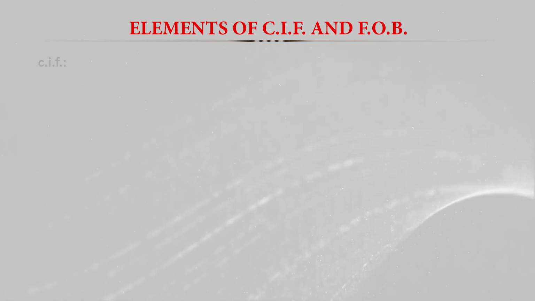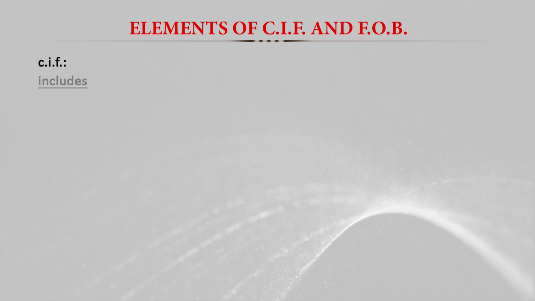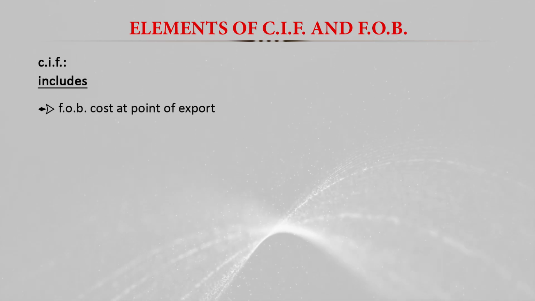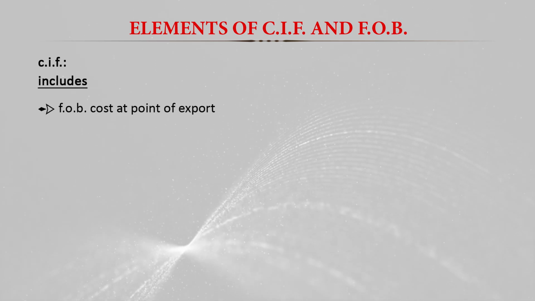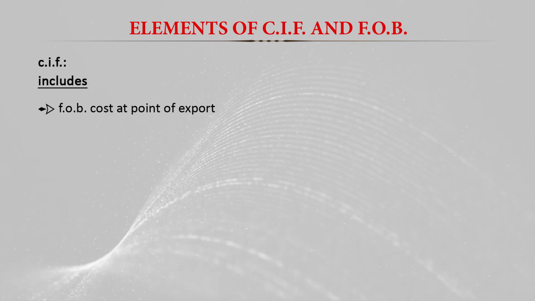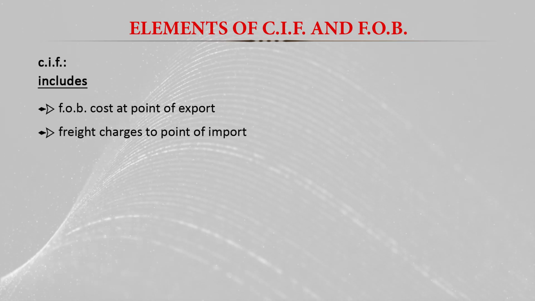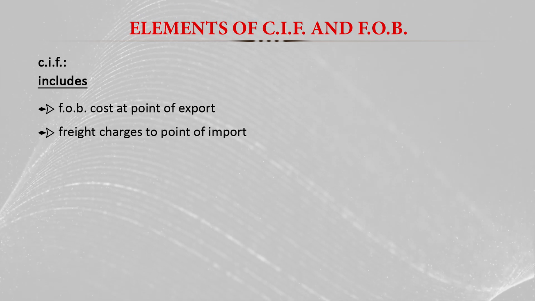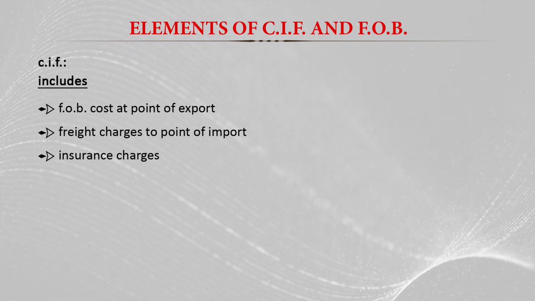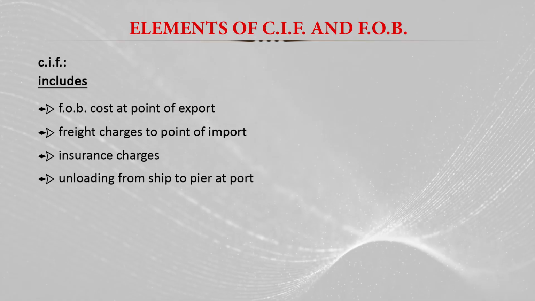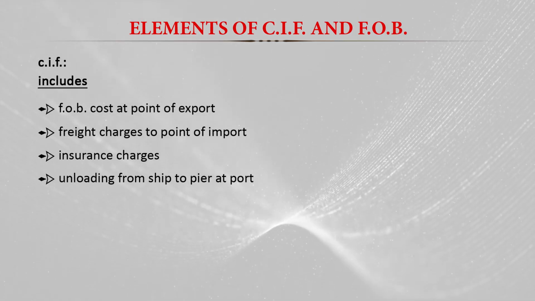prices. So basically CIF prices include the FOB cost at the point of export, and also include the freight charges to the point of import, insurance charges, and the unloading from the ship to the pier at the port.